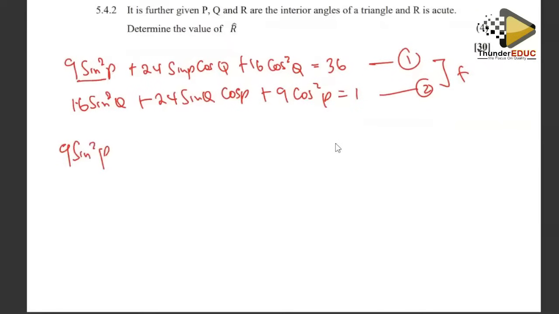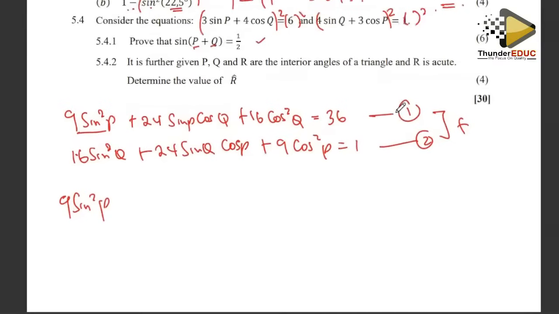Okay, this is different because it's a sine q and then a cos p. Is there anything common? So if I get the 9 and the 9, will that make sense? Let's say when I'm doing the addition, it's a sine squared p plus cos squared p.